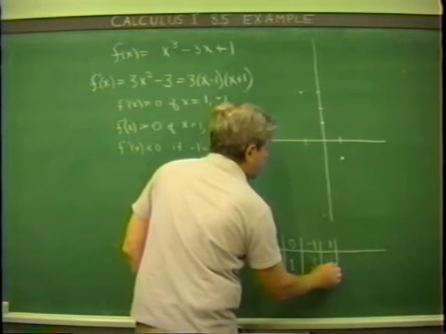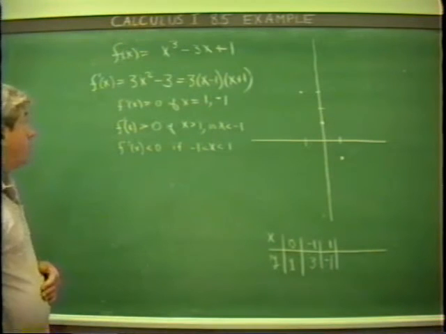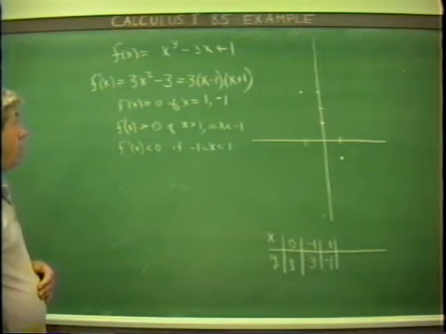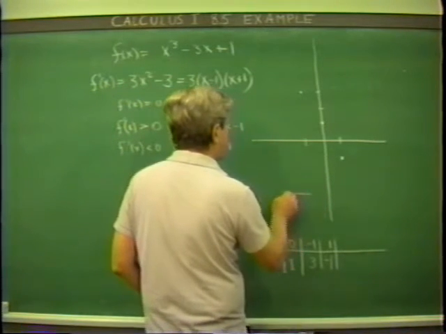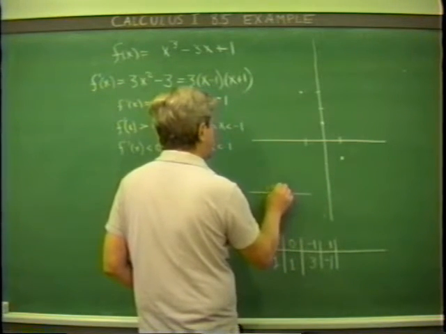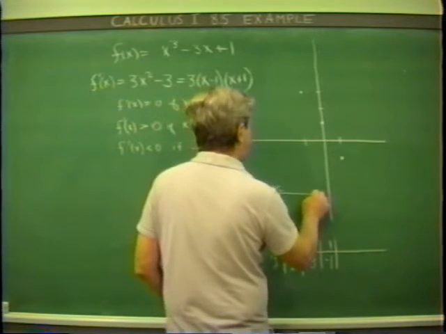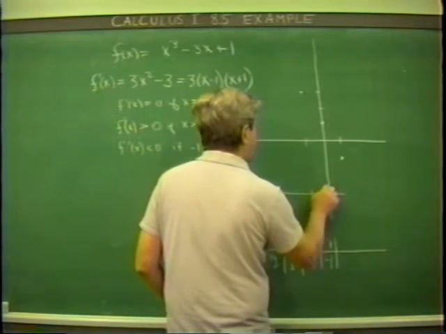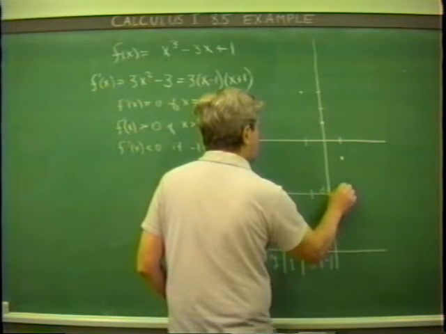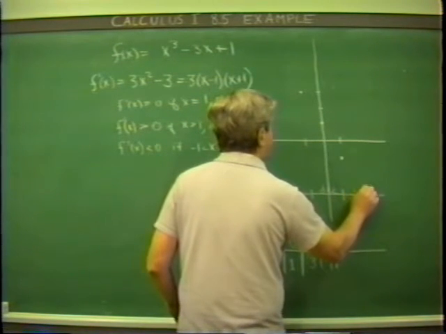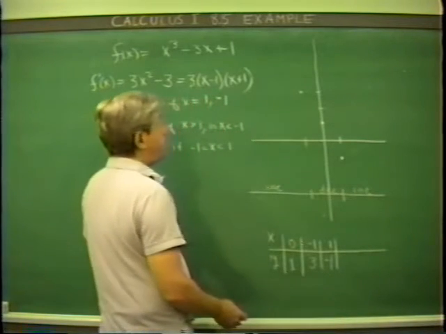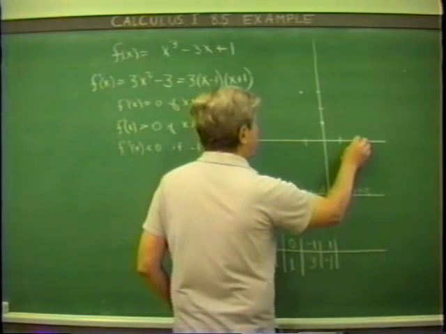So at minus 1, the value of the function is 3, and at 1, the value of the function is minus 1. All right. Now, what we also know is that the function over here is increasing. And then between minus 1 and 1, the function is decreasing. And from 1 on out, the function is increasing.